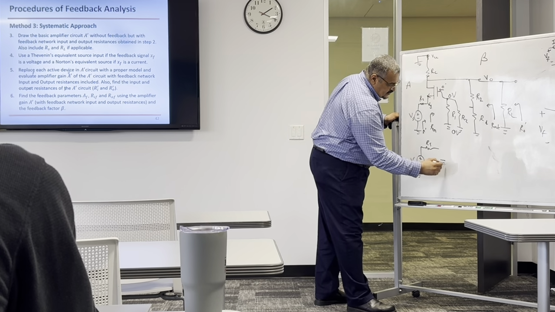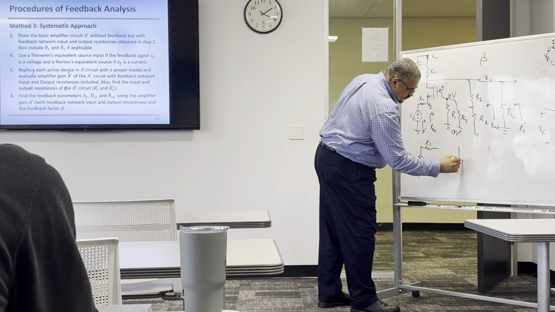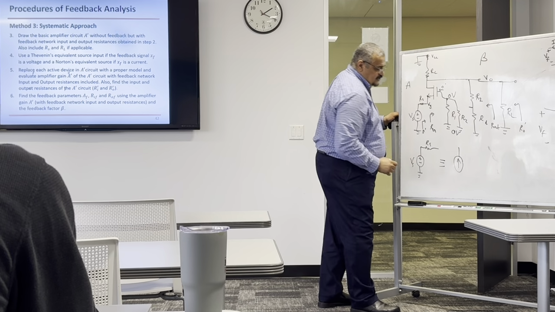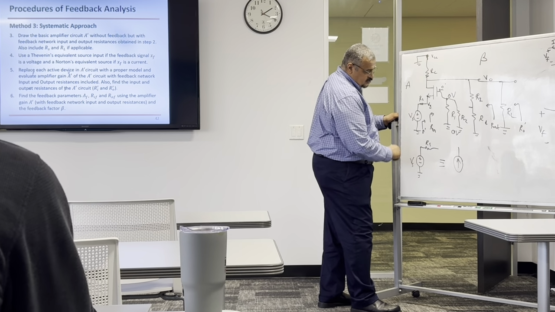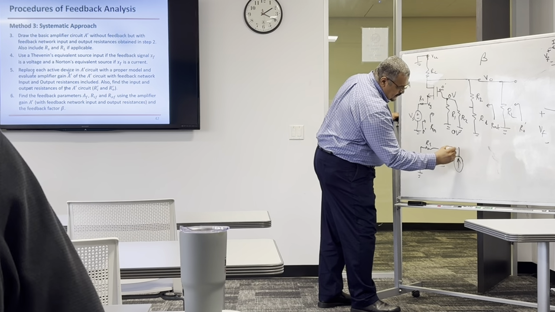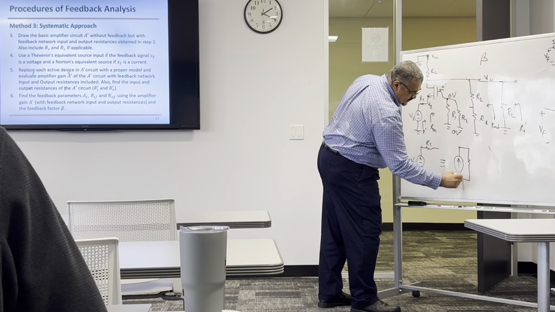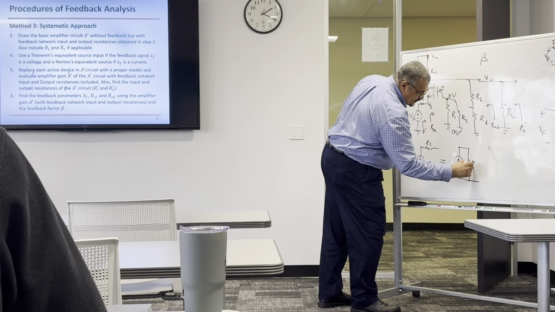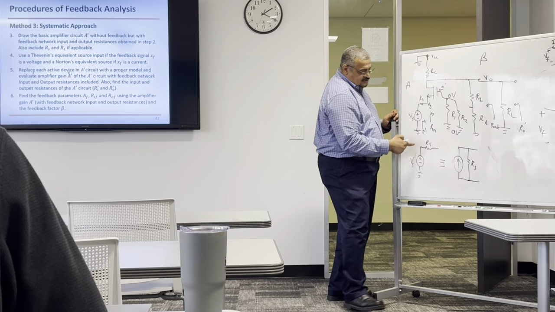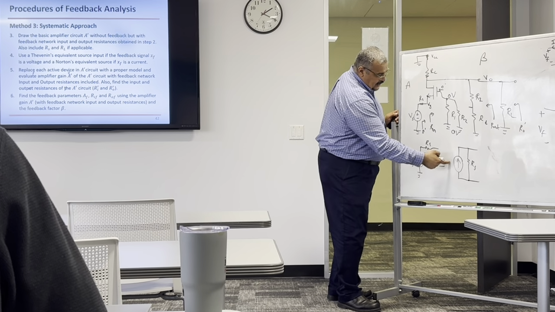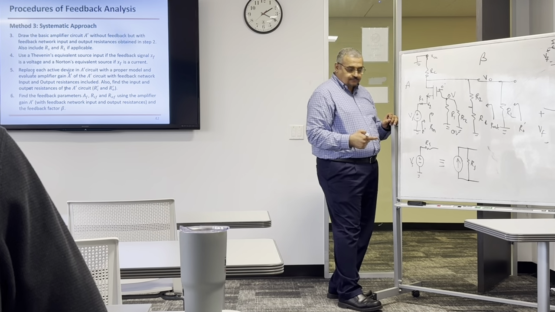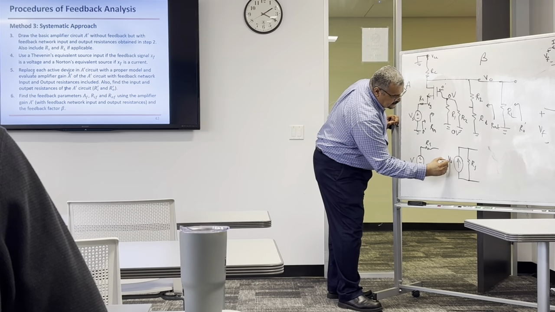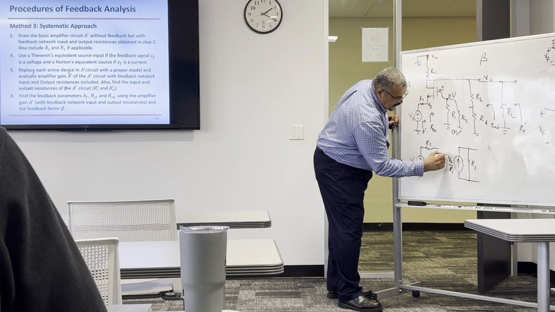you can convert this into a current source with this direction, goes with the polarity, and a parallel resistance, not a series resistance. Rs is the same, R Norton is the same as R Thevenin, and how much is this current? Vs over Rs. And you call it Is.